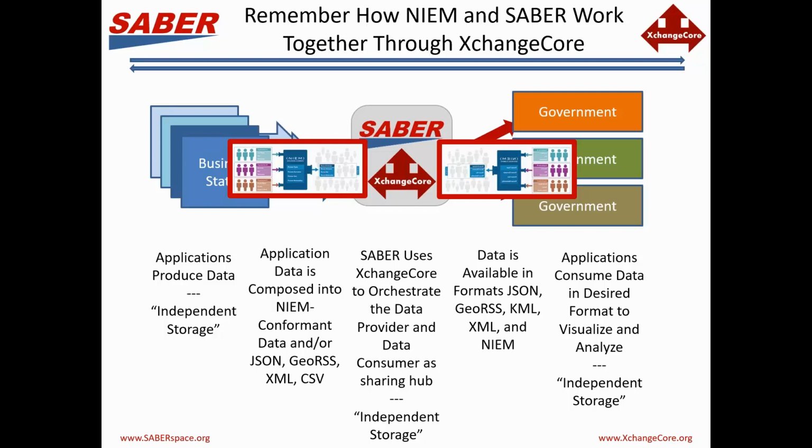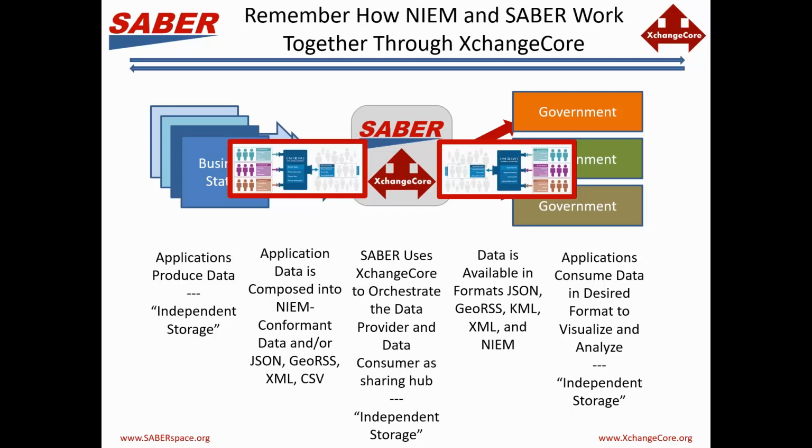Because of the nature of the world we live in, all those people on the left-hand side are not NIEM compliant, they can't send it to people who only receive NIEM on the right-hand side. In the same way, the people on the right-hand side may very well accept NIEM, but also need to accept different kinds of formats.